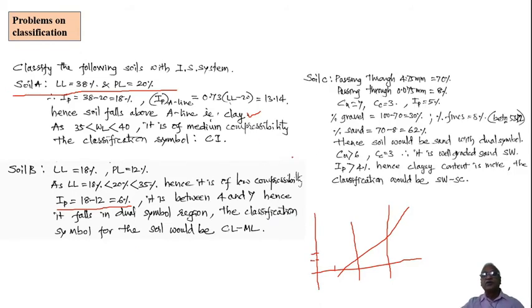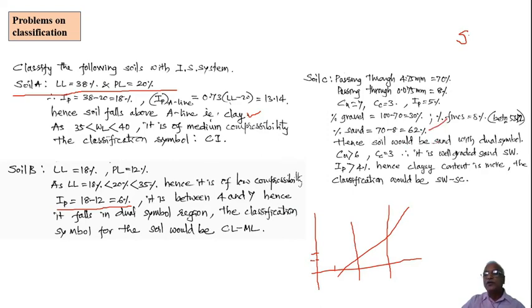Okay, there is one more, soil C. The percentage passing through 4.75 mm is 70%. So to say, gravel is 30%, percentage of fines is 8%, and sand is 62%. Yes, percentage of gravel is 100 minus 70, 30%. Percentage of sand is 70 minus 8, that is 62%.